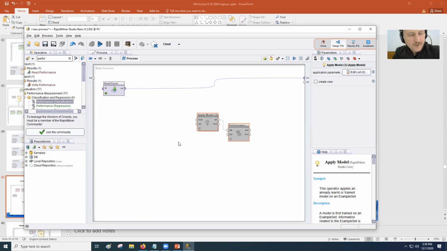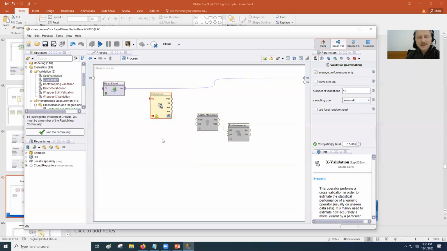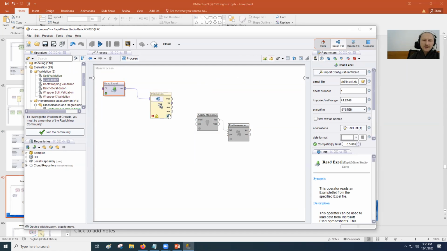This time we will use X validation. X validation is the name of k-fold validation in RapidMiner. If you are using X validation, this means you are going to use k-fold validation. You give the training data here.